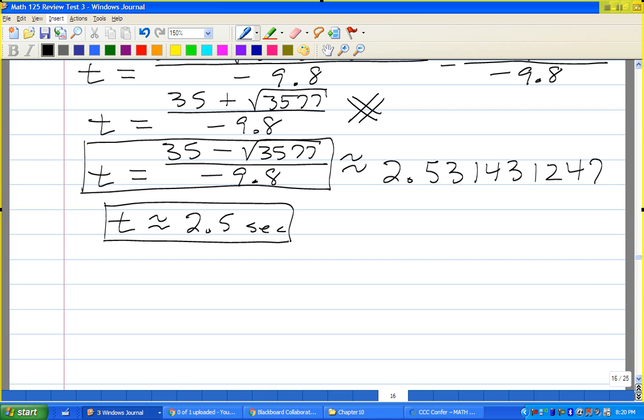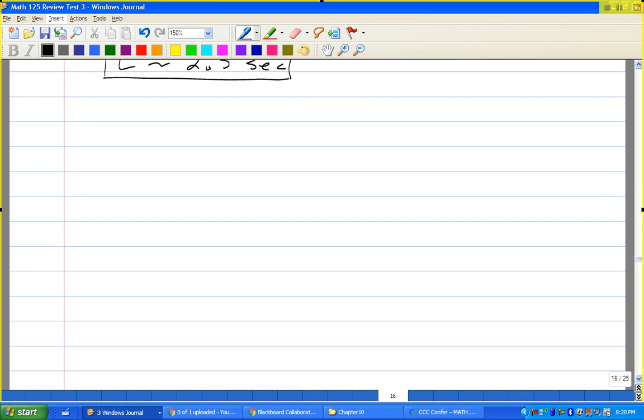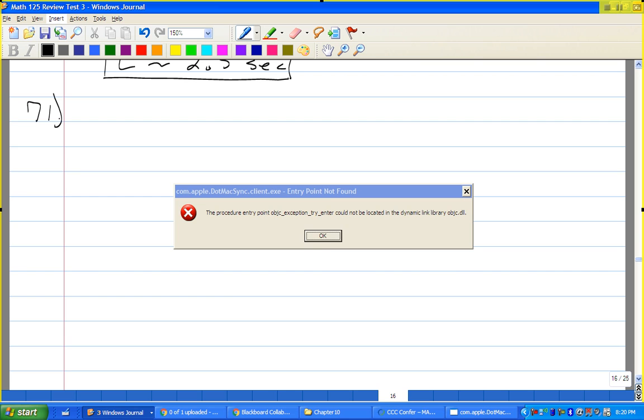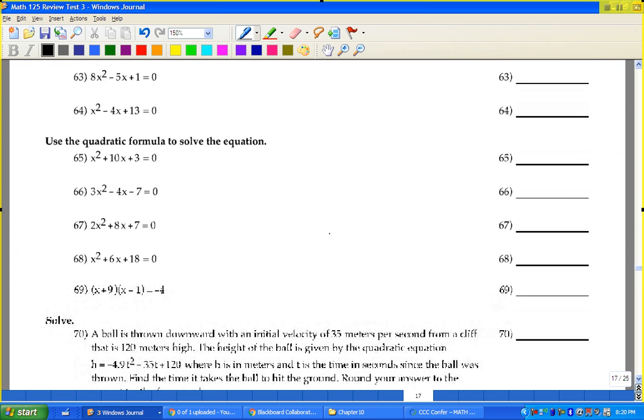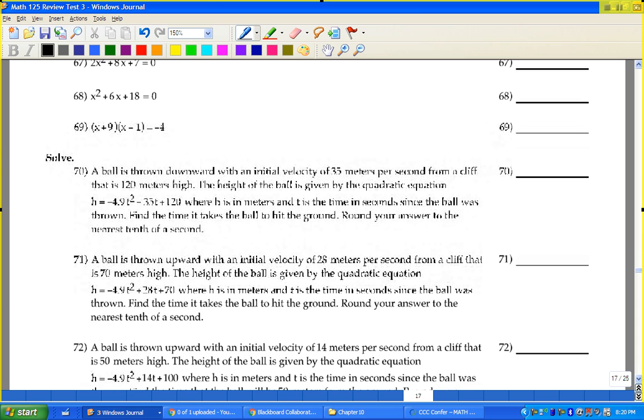Okay. Let me do problem number 71. Okay, so problem 71. A ball is thrown upward with an initial velocity of 28 meters per second from a cliff that is 70 meters high.